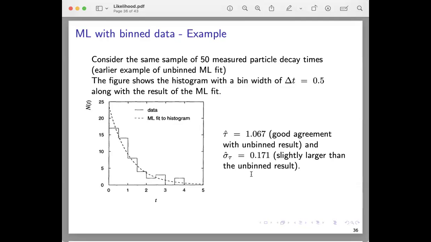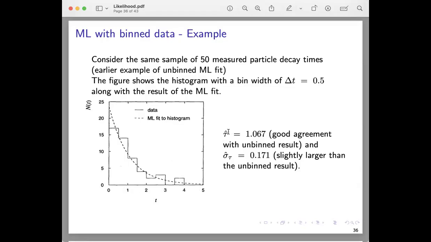In this case, the bin width is delta t equal to 0.5, and there are 10 bins from 0 to 5, which has decay times. Now, if you do these fits, assuming this function is exponential, then you will get an estimated value of the lifetime tau of 1.067.